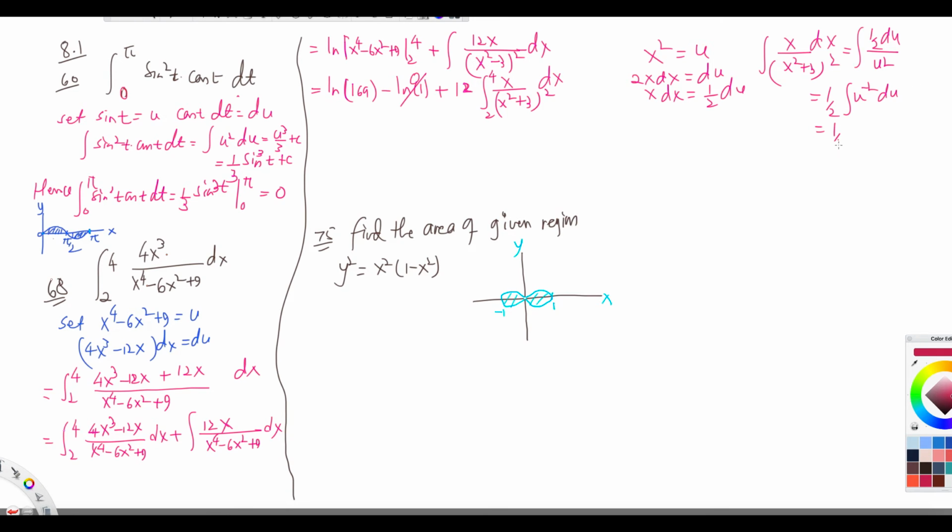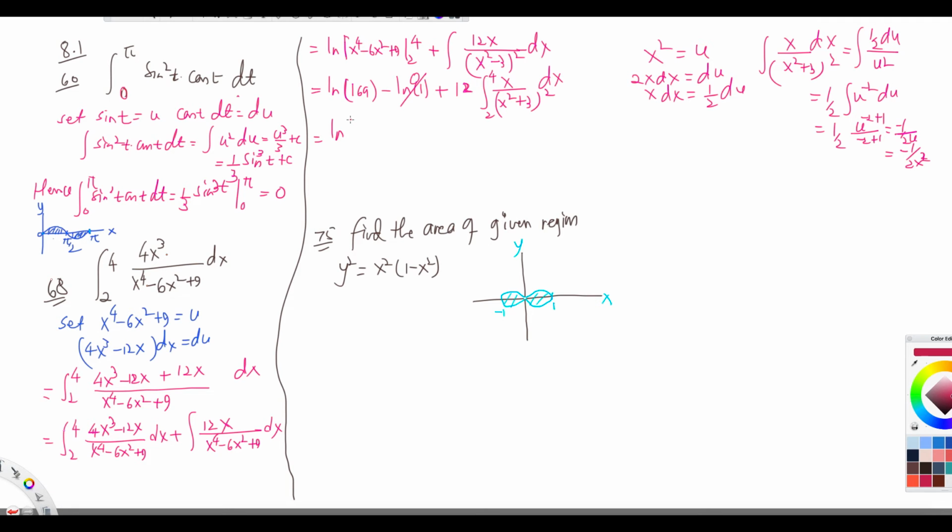You get 1/2 times u to the negative 2 plus 1 over negative 2 plus 1. That is negative 1 over 2u, because u to the negative 2 plus 1 will be negative 1. If you move that to the denominator, you get just u in the bottom. You see that? So that is negative 1 over 2u. Basically, if you plug the value back in, you will get negative 1 over 2(x squared minus 3). That's what you get.